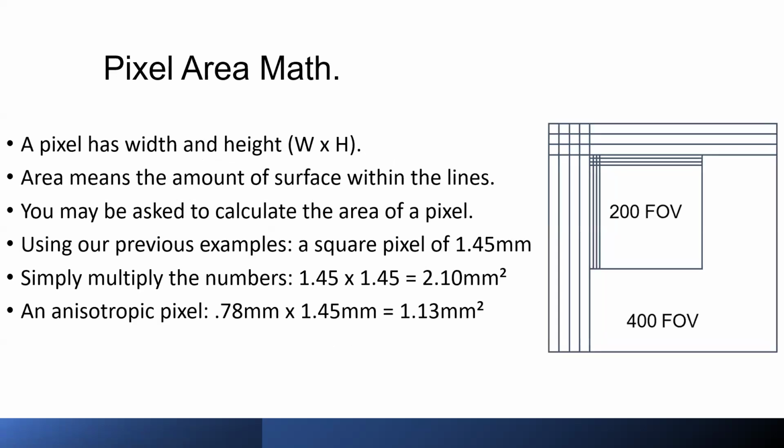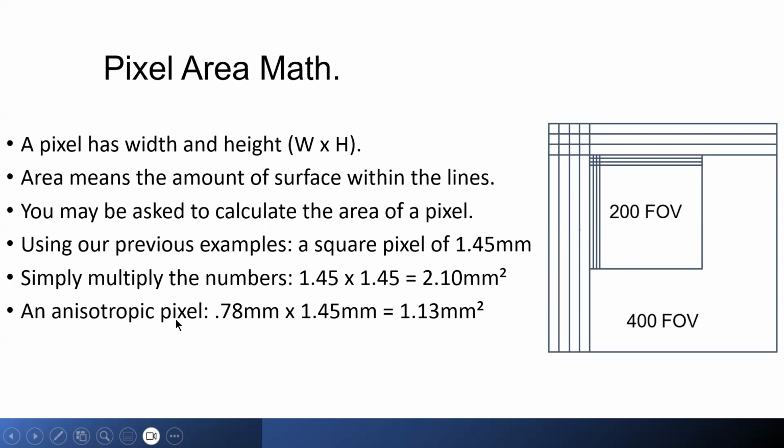All right. They can ask you pixel area. Find your pixel size and then you multiply by itself. So a 1.45 by 1.45 pixel covers an area of 2.10 millimeters squared. That's area, that's height times width. There's no volume here.